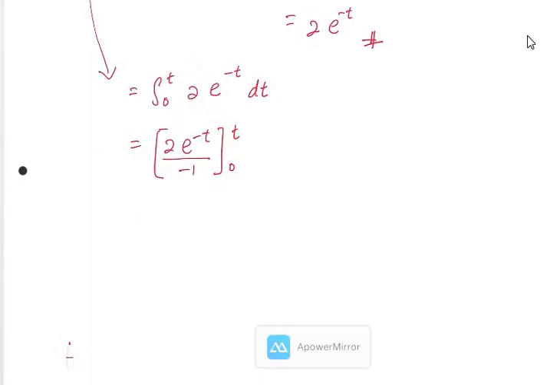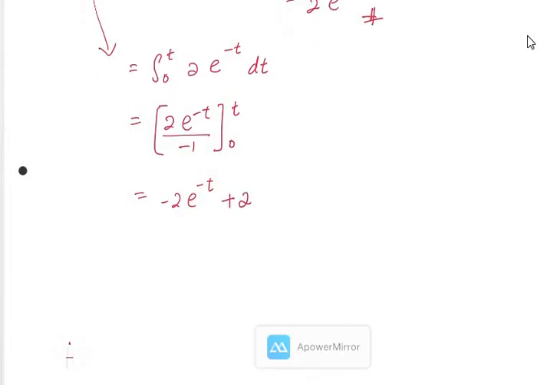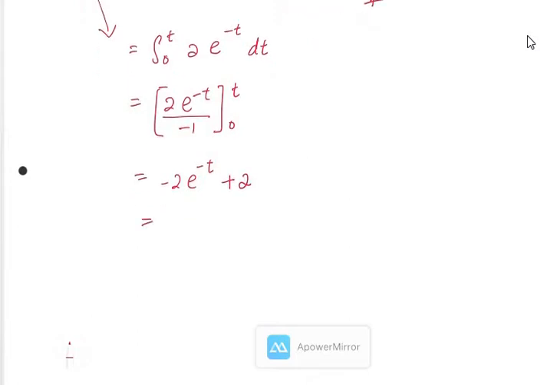Okay, and we substitute the value of t and 0, so you get minus 2 e to the power minus t, minus with minus 1, so you get plus 2. And this is equivalent to 2 minus 2 e to the power minus t. We just rearrange. If we leave like this, also can.